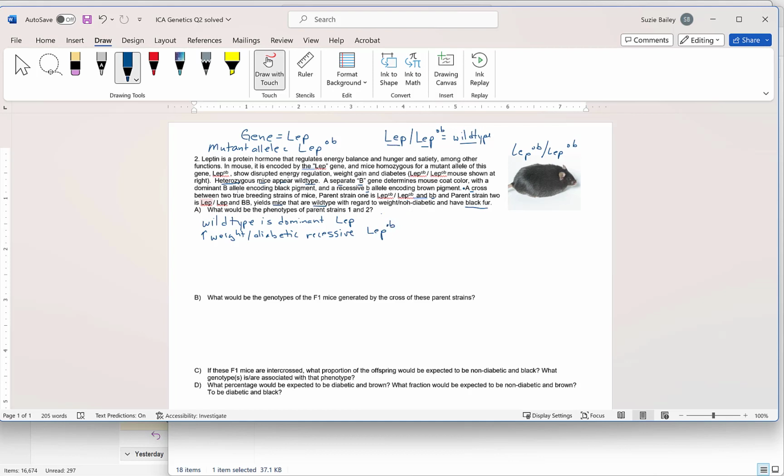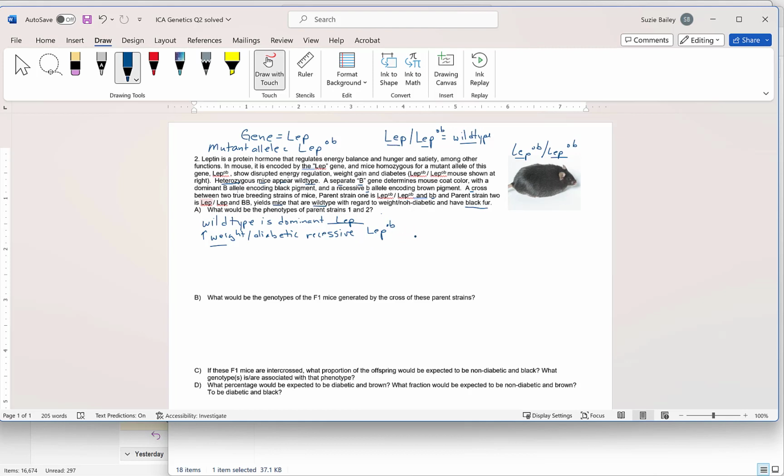When we have a mouse that has two of those LEP-OB, LEP-OB alleles, we end up with a mouse that has higher weight and is diabetic, right? If we have animals that have even one of this wild type LEP allele, heterozygous mice appear wild type, those animals do not show the disruption in metabolism and the weight gain.